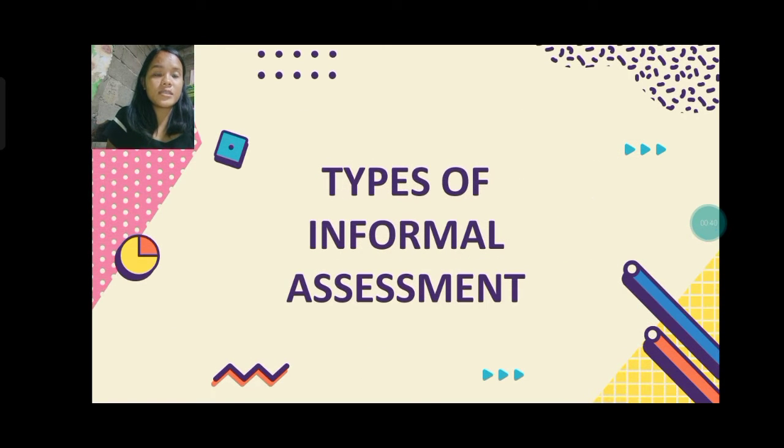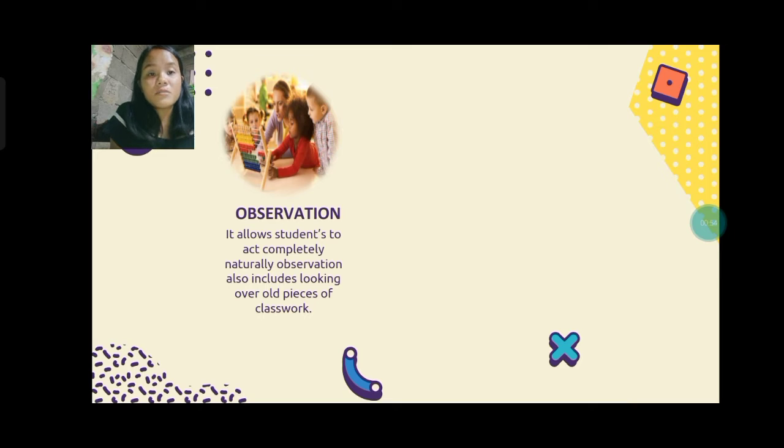So next is types of informal assessments. First is observation. Observation allows students to act completely naturally. Observation also includes looking over old pieces of classwork.